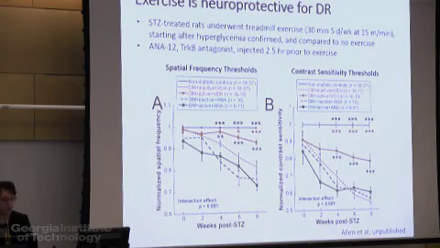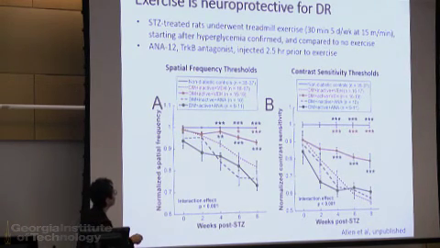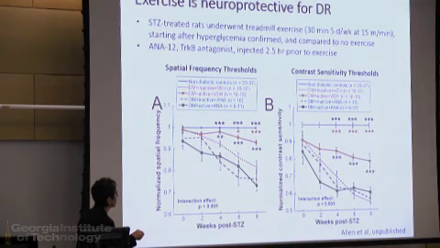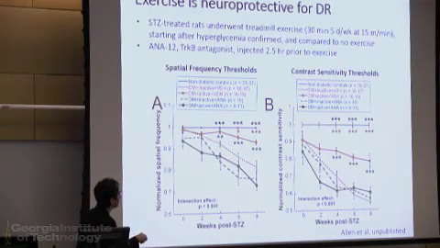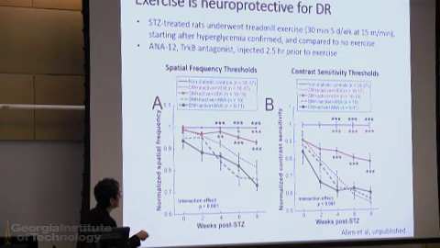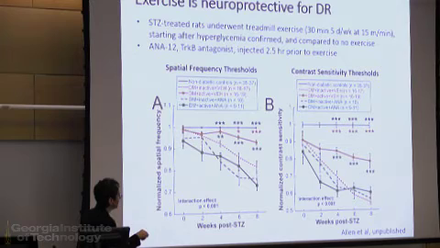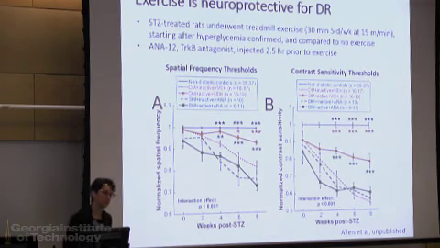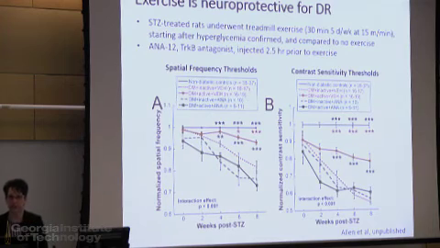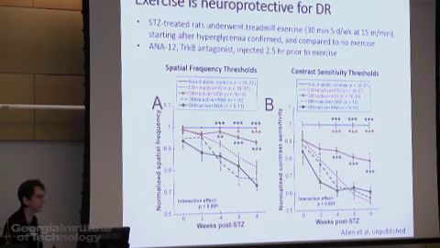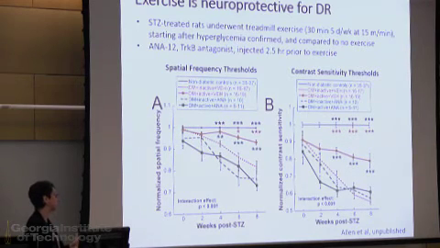So here I'm showing you the same plot of our just active and inactives with the vehicle, the orange lines, but now I've added the animals that had ANA12. You can see that they look very similar to our diabetics that were inactive. So adding a BDNF antagonist completely blocked the protective effects, which would seem to indicate that BDNF at least is involved in this protection.